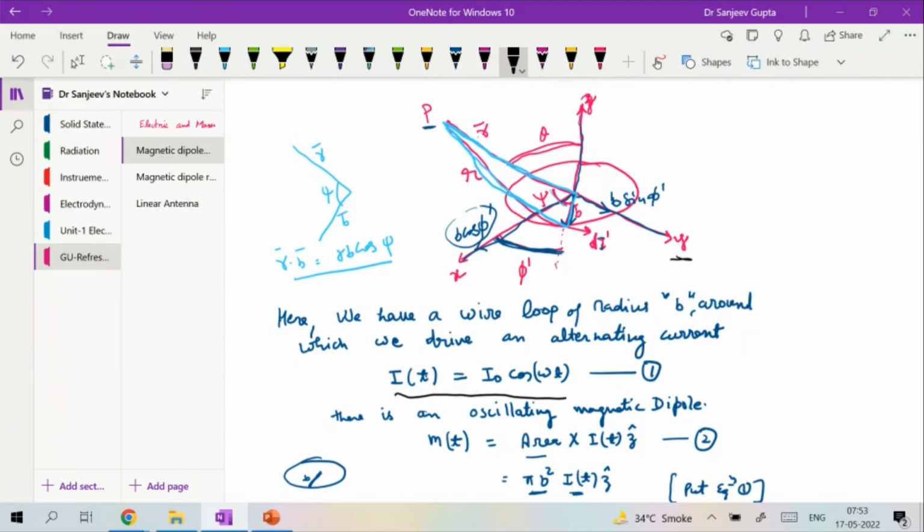Again, you can see the observer is here at point P. The distance from the origin of the loop to the observer is r, and this vector b is making another vector, and the angle between this r vector and the b vector is psi, and r makes angle theta with the z direction.